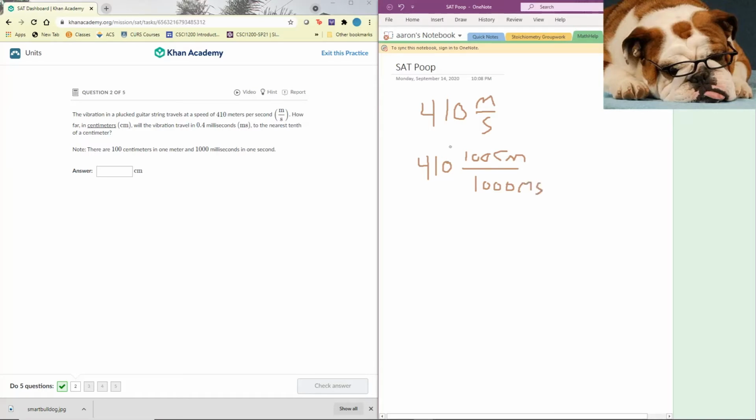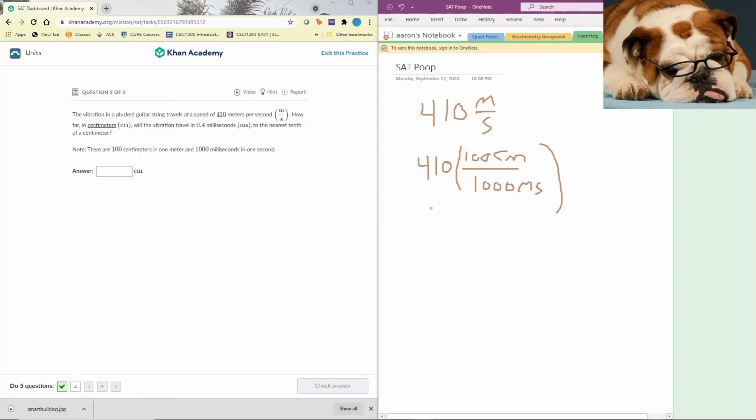Okay, so let's convert this. This won't be the answer to the problem because it wants to know how far it'll go when the vibration travels in 0.4 milliseconds. Right now we're just converting meters per second into centimeters per millisecond. This is just to set up what we need to do.